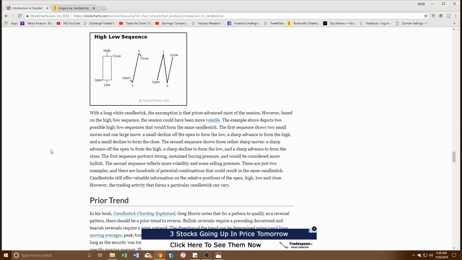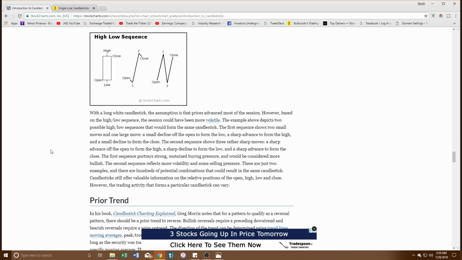The first sequence shows two small moves and one large move: a small decline off the open to form the low, a sharp advance to form the high, and a small decline to form the close. The second sequence shows three rather sharp moves: a sharp advance off the open to form a high, a sharp decline to form the low, and a sharp advance to form the close.